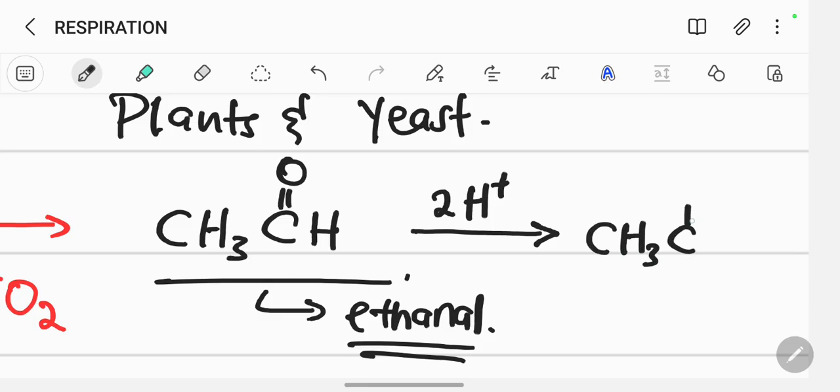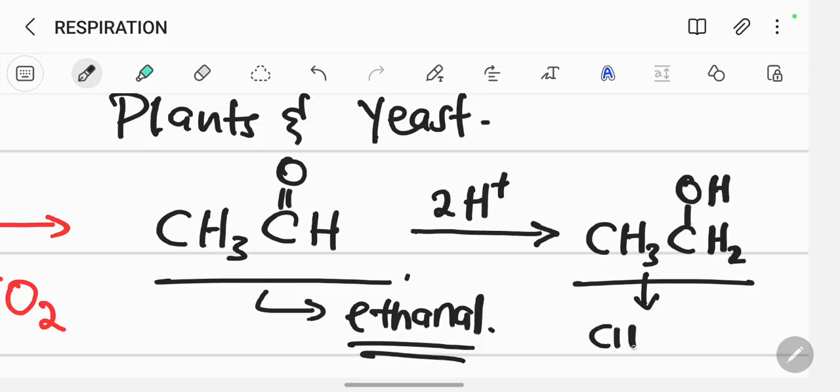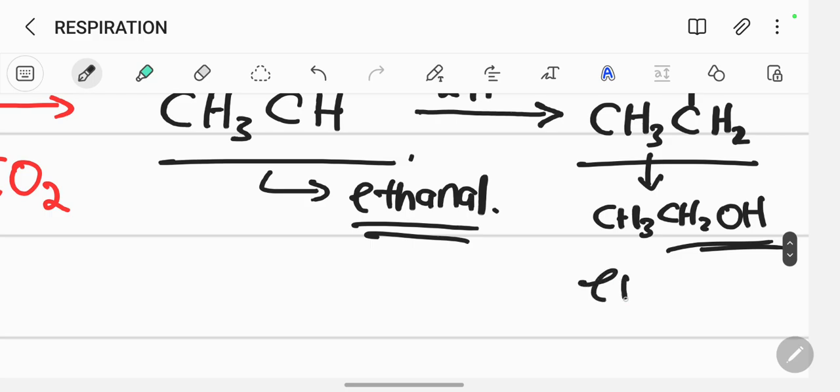We end up with this. Are you seeing that? So this is ethanol. You can rearrange it in a recognizable state, CH2OH. So this is our ethanol.